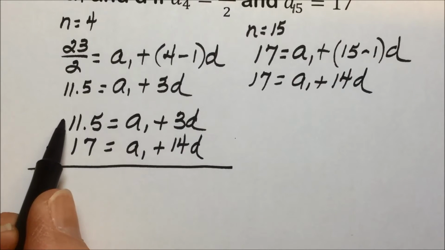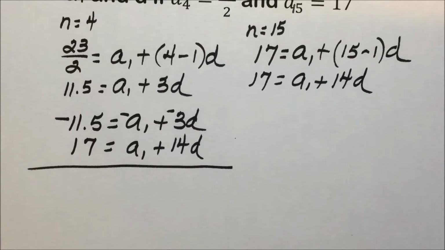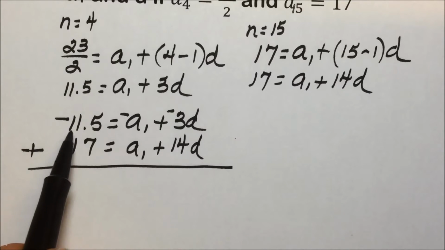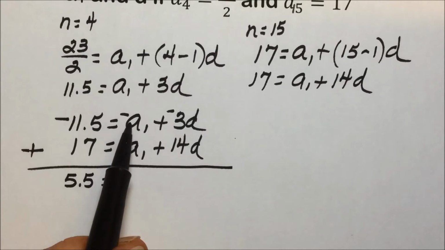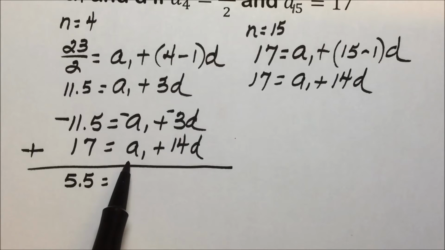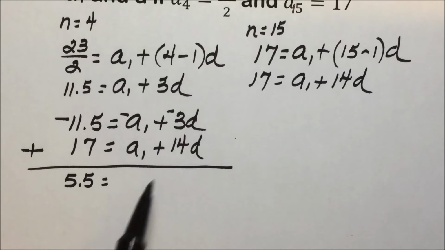So to make it negative, I'm going to multiply every term by a negative 1, doing a linear combination procedure on our two equations and two unknowns, and now I'm ready to add. Negative 11.5 plus 17 leaves us with a 5.5. The a sub 1's cancel out, that's what we wanted. And negative 3d plus 14d leaves us with 11d.